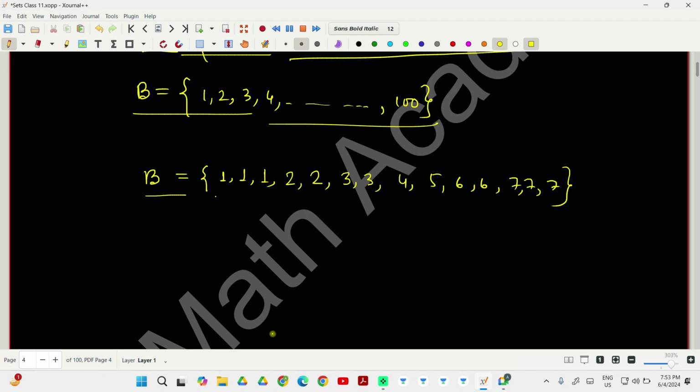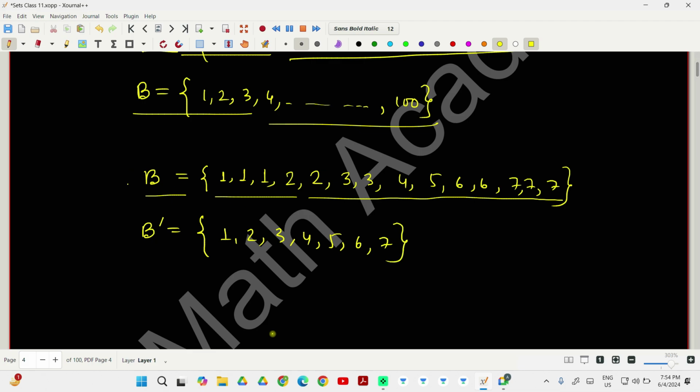If we take a collection like this, and B dash is like this, 1 2 3 4 5 6 7, these two are the same, and this one is acceptable, but the other is not acceptable, because if one element is repeating in a set, we will not write it. If it repeats more than once, we will write it only one time.